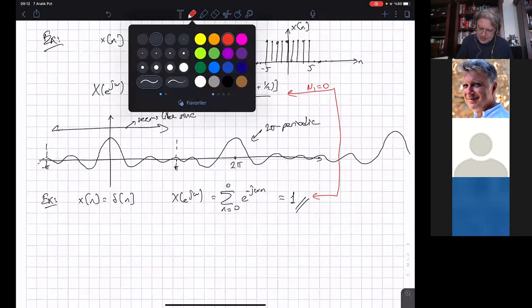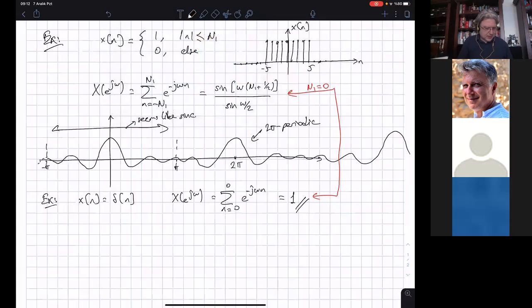Now let us continue with another example. And this example somehow gives us a way to understand the discrete time Fourier transform of periodic signals. Because we know that if you have a periodic signal, periodic discrete time signal or continuous time signal, what we have are called the Fourier series, not the Fourier transform, okay?